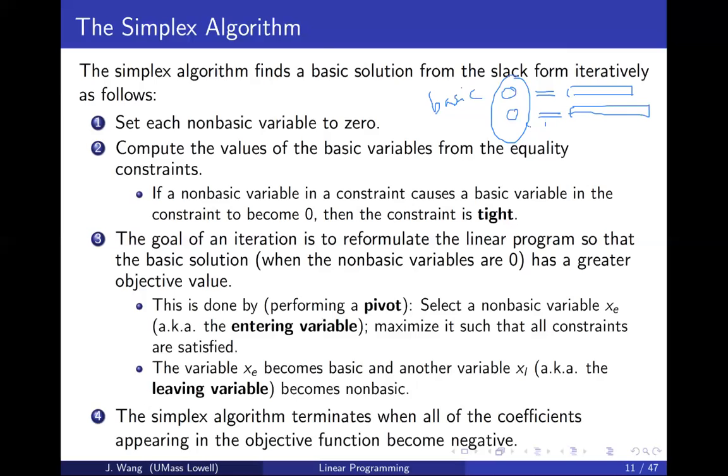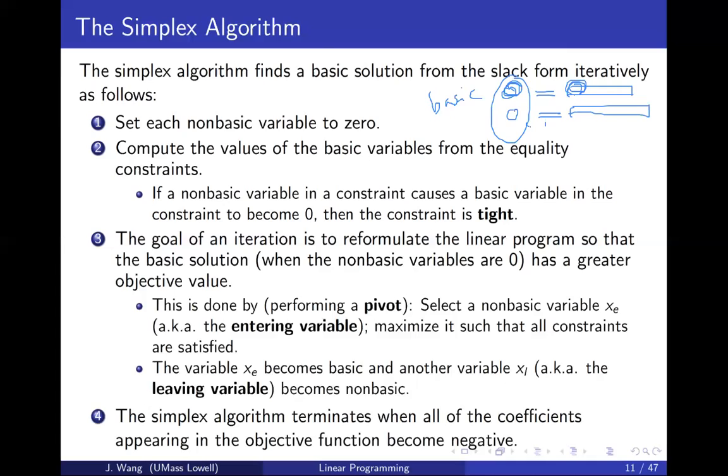So what we do is to let all the non-basic variables, which means the variables at the right-hand side, be set to 0. Because usually you will have a constant which doesn't have a variable, when you set the other variables to 0, that constant will be the value for the corresponding slack variable.